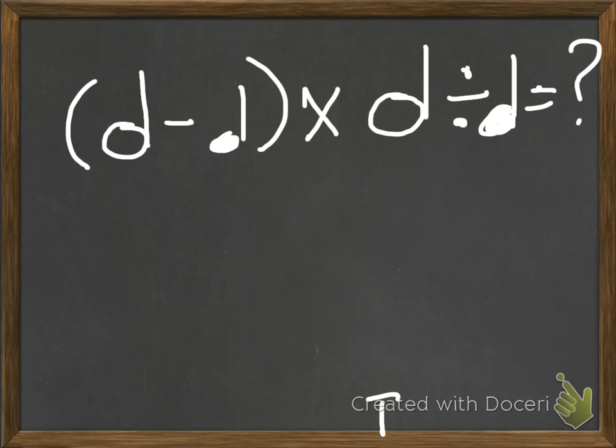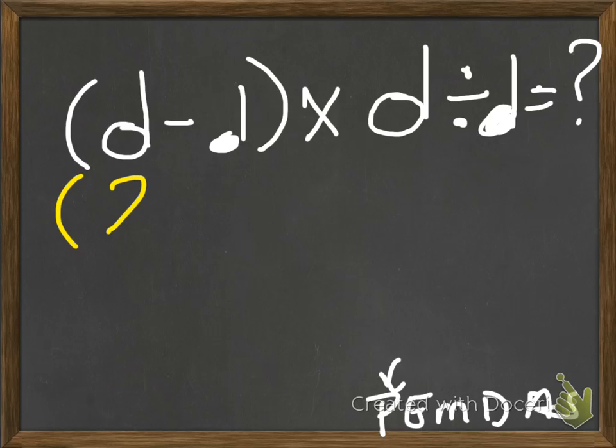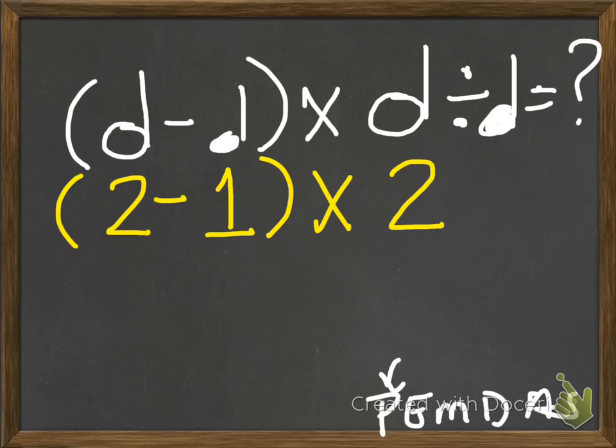Okay, now PEMDAS says do parentheses first. So do our parentheses. So we're going to first substitute our numbers, copy parentheses, 2 minus 1 times 2 divided by 1.